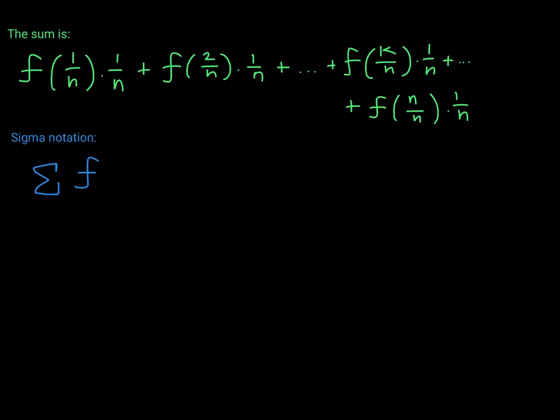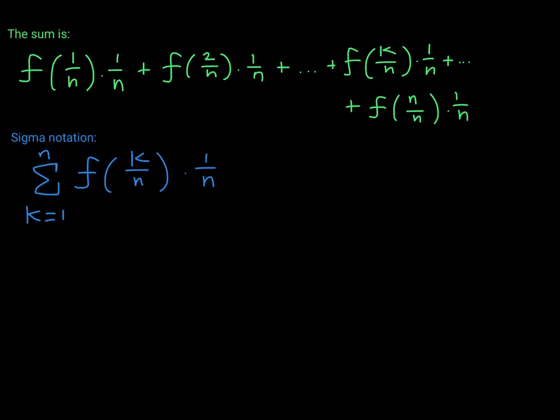So I can write it as f of k over n times the width of each of the rectangles, 1 over n. And I can let k go from 1 all the way to n.